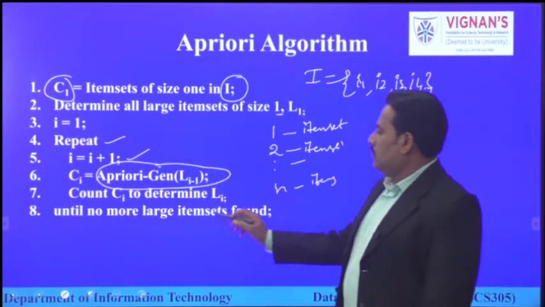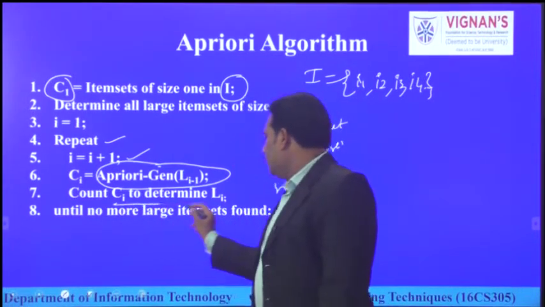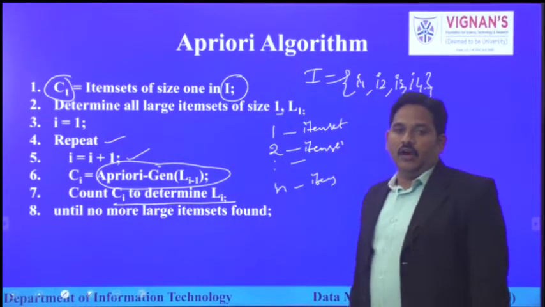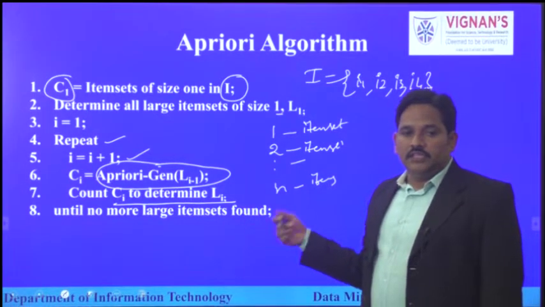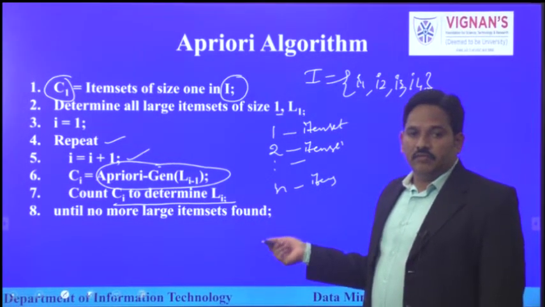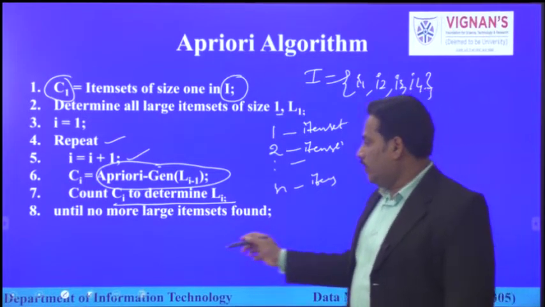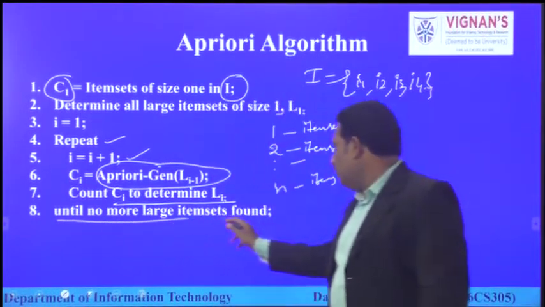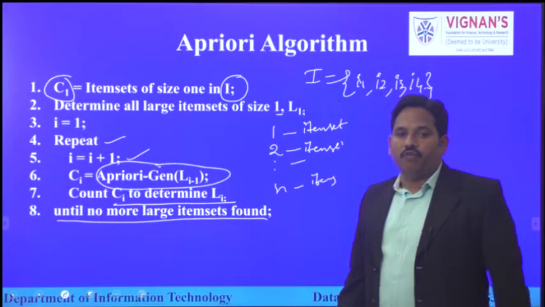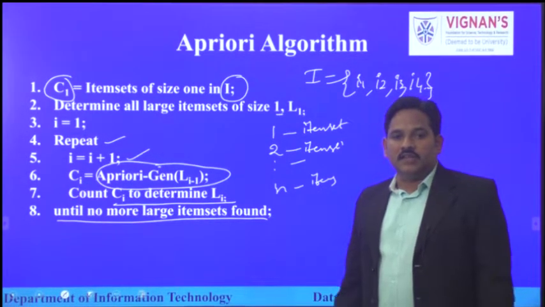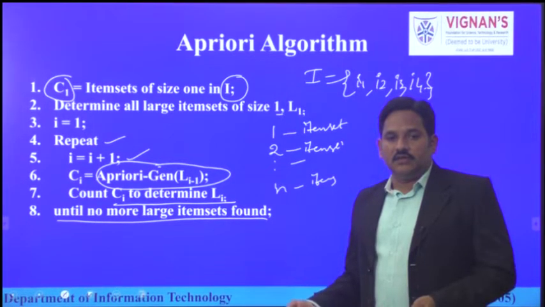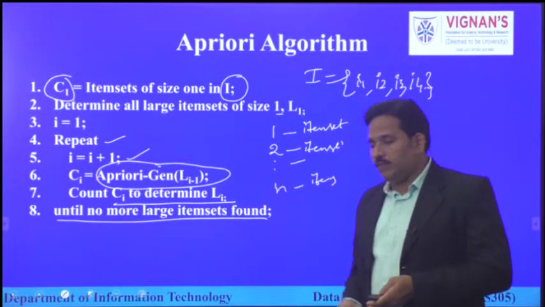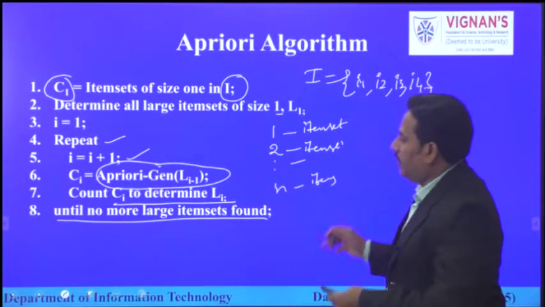So here we are repeating count Ci to determine Li. Here, with count, we want to find the count of each and every item set, which was repeated more number of times, and we have to repeat the process until no more large item sets are found. So among the existing transactions, whichever has more number of repetitions is going to be taken into consideration.